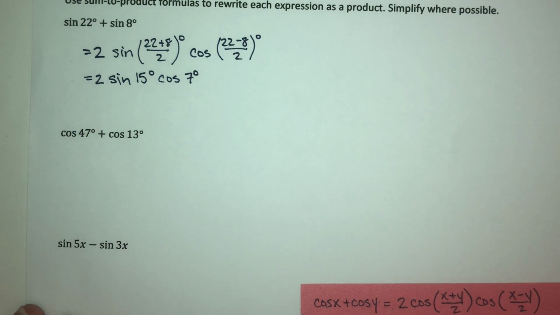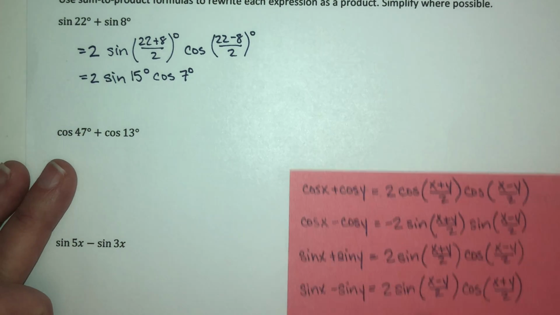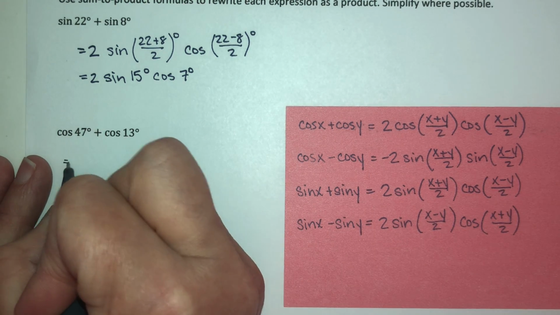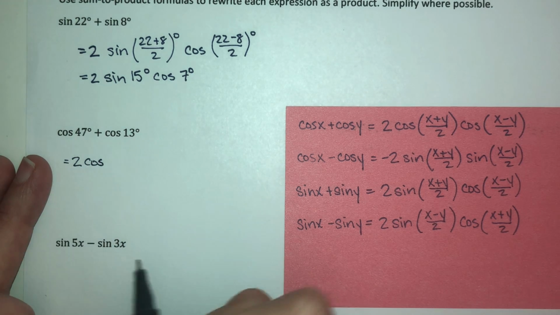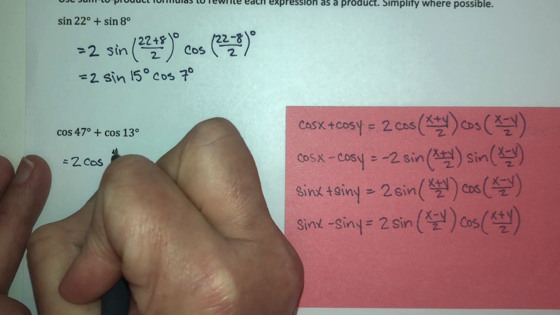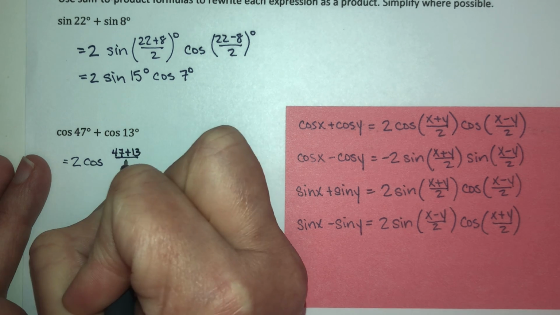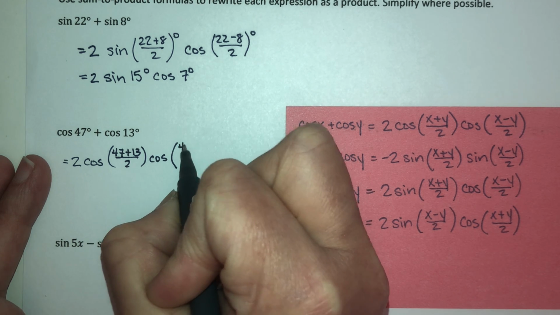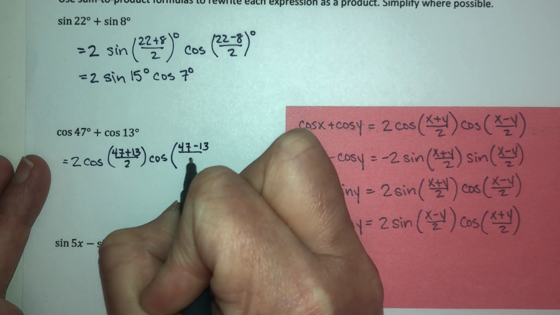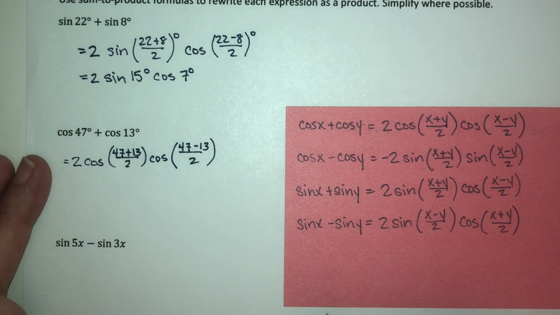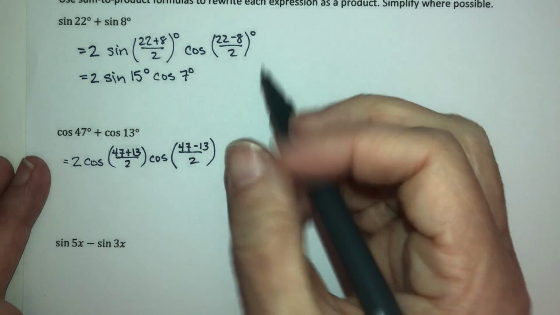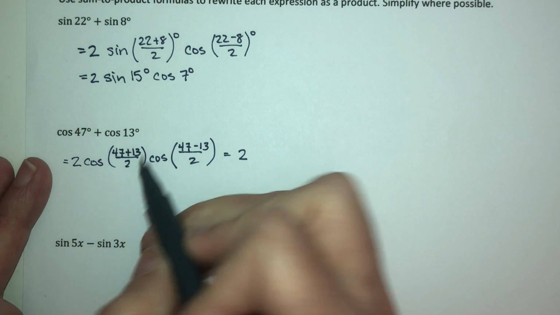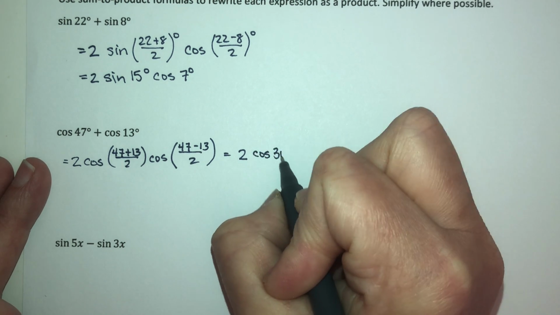Okay? Cosine of 47 degrees plus cosine of 13 degrees. So this is equal to 2 times cosine of (47 plus 13) divided by 2 times cosine of (47 minus 13) over 2. This is 2 times cosine of 60 divided by 2, so cosine of 30 degrees.